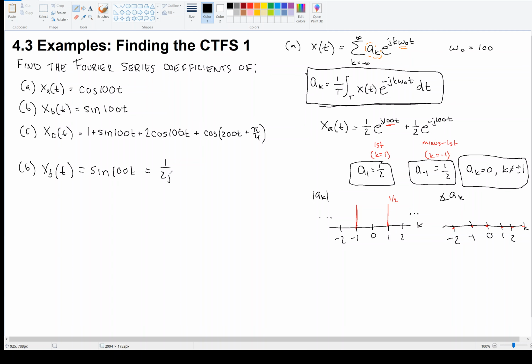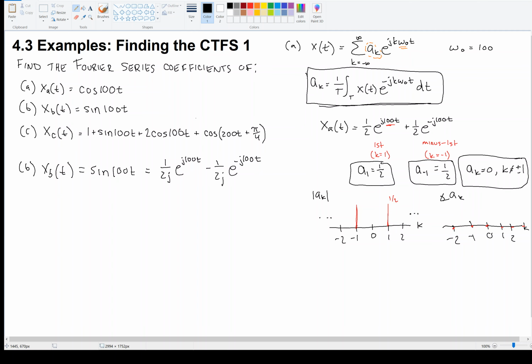So this is 1 over 2j e to the j 100t minus 1 over 2j e to the minus j 100t. Okay, that's Euler's equation.